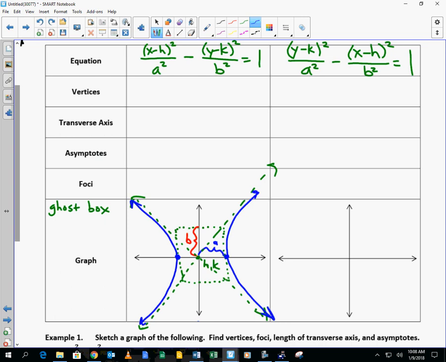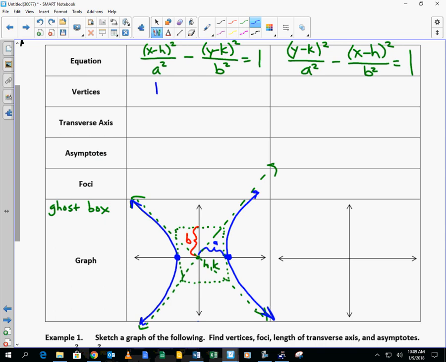So let's start to lay out these points. The vertices are these points right here that we just put down on the graph. How many units are the vertices from the center? A units from the center. So I move a units horizontally or vertically. So is that going to change the h value or the k value?